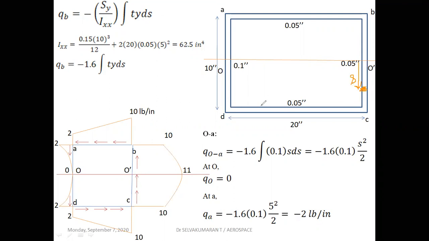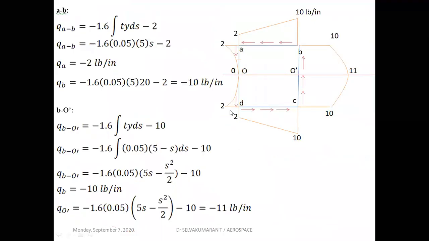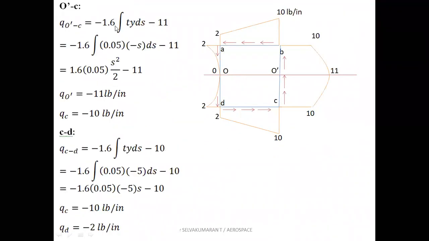So now y will be minus s for O dash to C. This is the expression for shear flow, and this is the previous shear flow value. And y is nothing but minus s. Integrate, you will get s square by 2. For O dash to C, you get a square term, so you get a parabola.